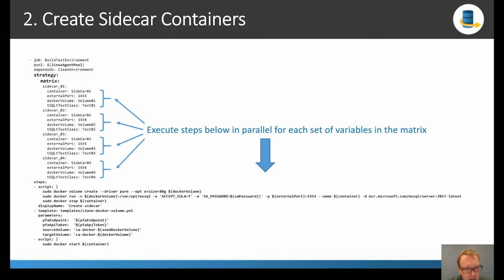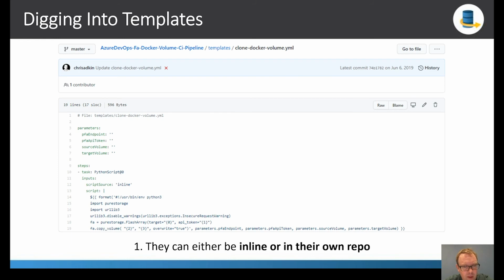Okay, so a template is how you can factor out code that you want to reuse across pipelines. Okay, so my template is stored in line with my YAML code for my pipeline, and also my SQL Server Data Tools project. Alternatively, you can store it in its own dedicated repo.